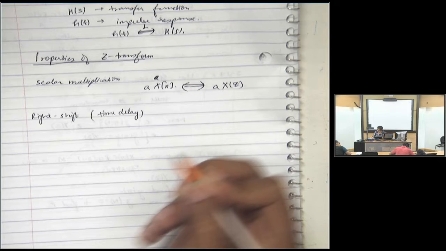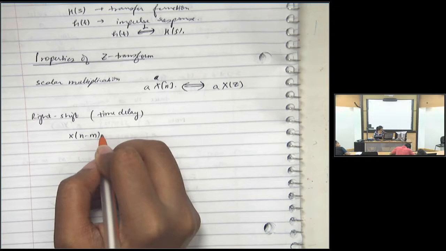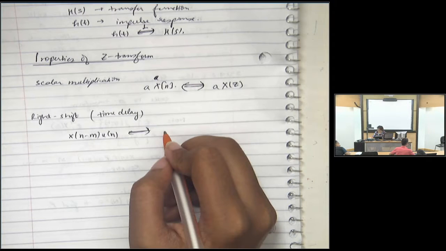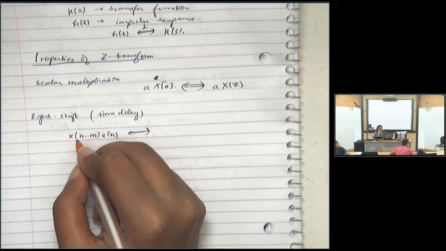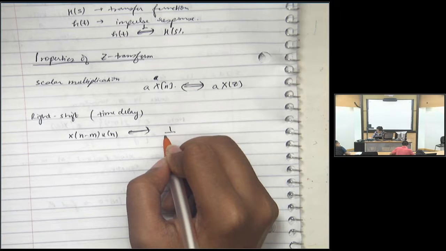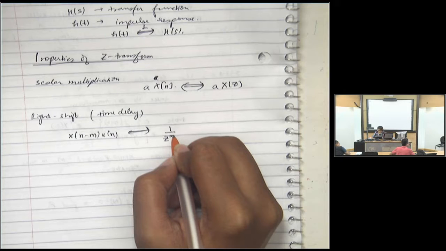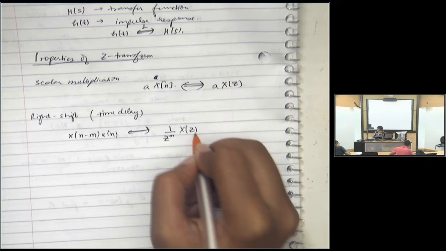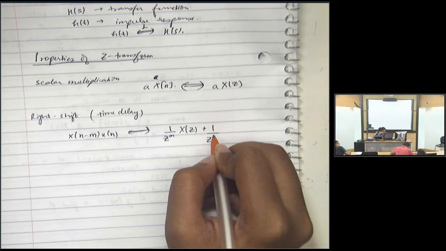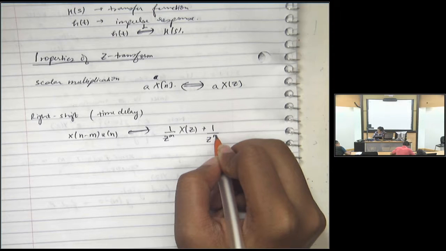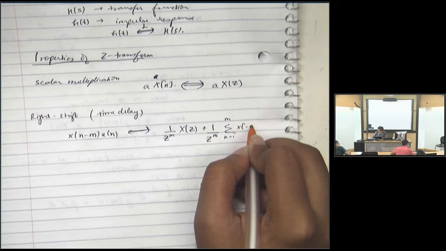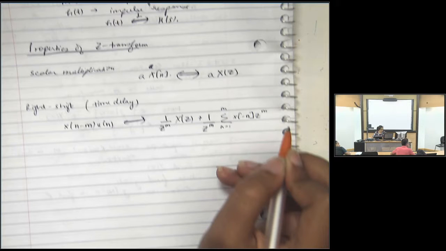So the general property of this form, x of n minus m times u of n, where x of n is right shifted by m, gives us a Z transform of 1 over z raised to power m times X of z, plus 1 over z raised to power m times the summation n equal to 1 to m of x of minus n times z raised to power n.